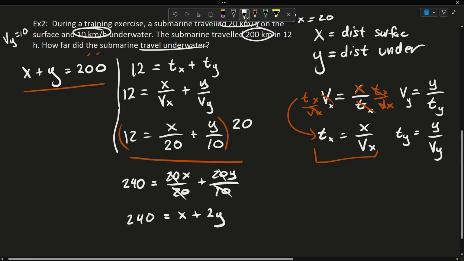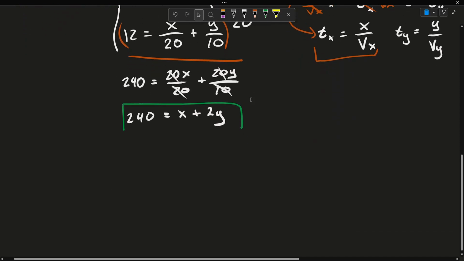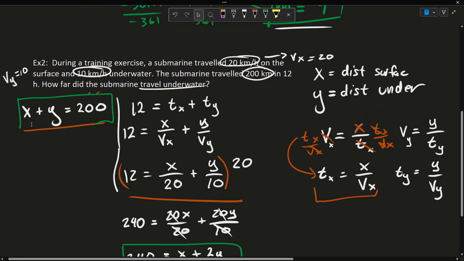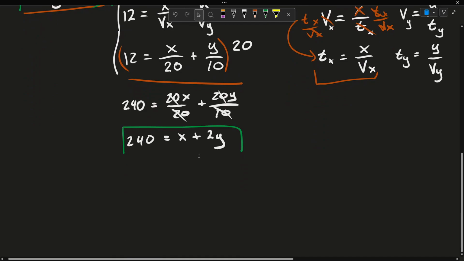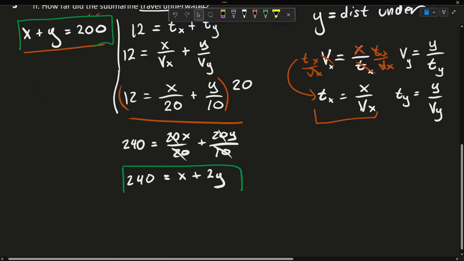And now I'm going to see that I could do substitution here, but this unit is focusing on elimination. So I'm going to place one of these over top of the other, this one and this one, and I'm going to subtract. Basically, I'll take this one and write it here. So that's x plus y equals 200. I'm going to write it like this: 200 equals x plus y. And I'm going to, again, subtract.